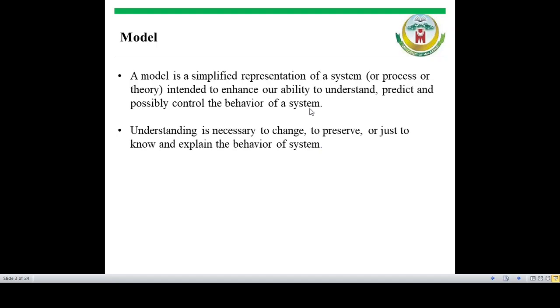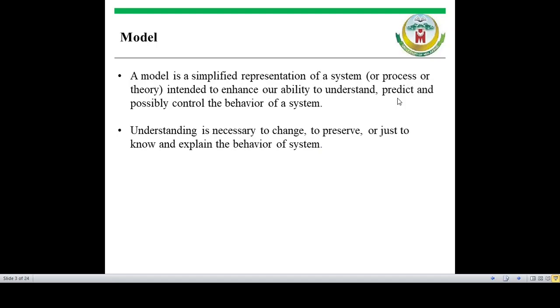And why do we represent a system? We represent a system to understand how the system works. So we try to model a system so that we understand its working mechanism, and predict and possibly control the behavior of a system. When we understand the system, then we are able to predict its behavior.